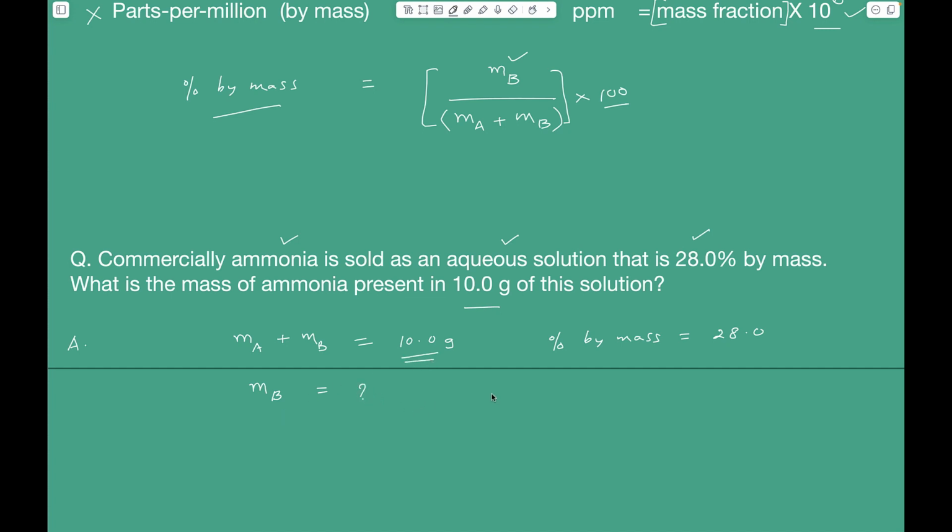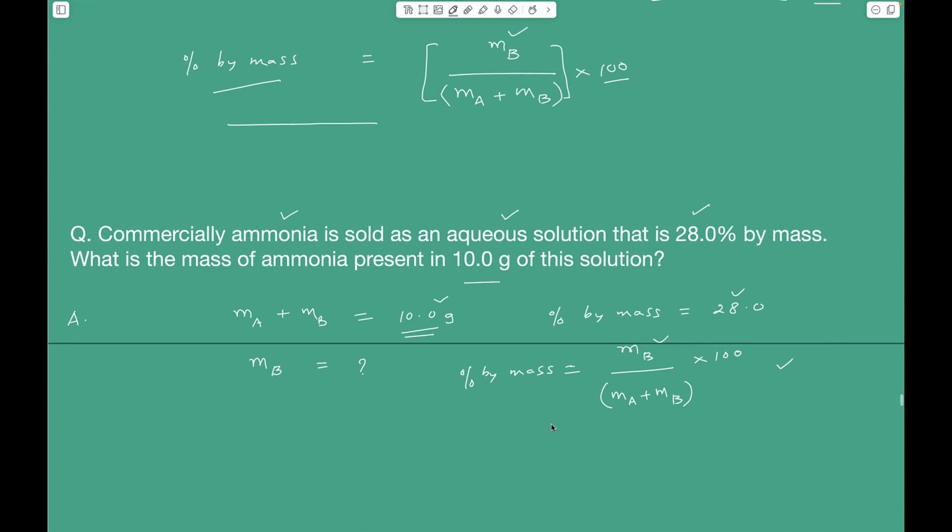How do we figure that out? By using this expression. Percentage by mass is equal to mass of the solute, in this case ammonia, over the mass of the solution, that is MA plus MB, multiplied with 100. Substitute these values in this expression to get the value of MB.